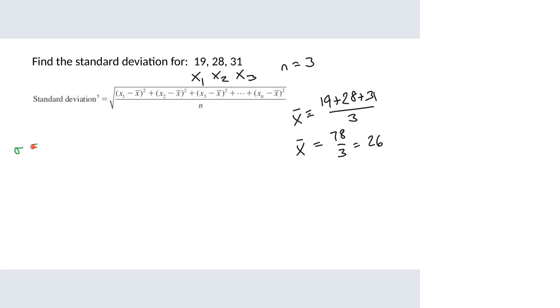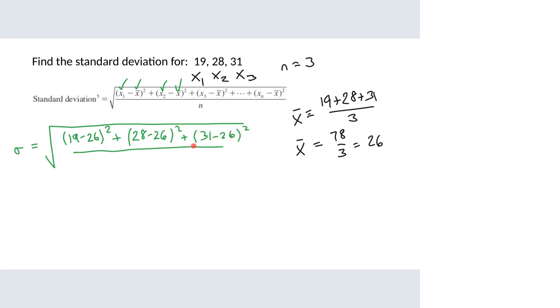Standard deviation, we can use the lowercase sigma as an abbreviation for that, the square root of data point minus the mean. So that is 19 minus the mean squared plus 28 minus the mean squared, and 31 minus the mean squared, all over 3. We've got everything plugged in. Now we just need to simplify.